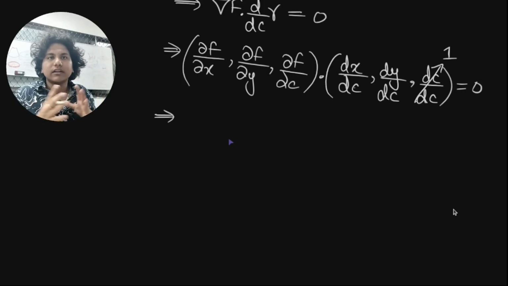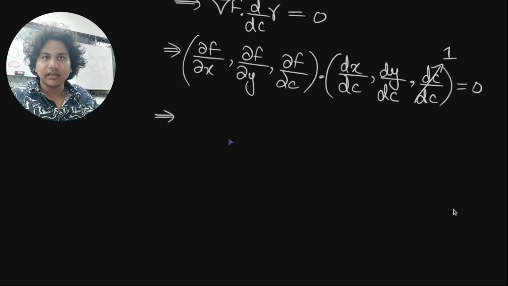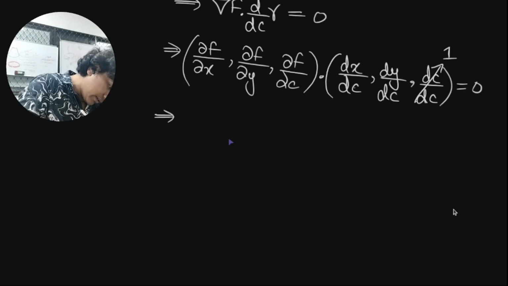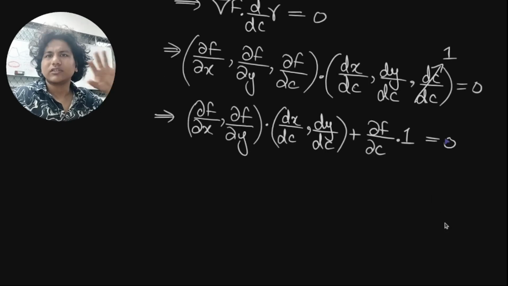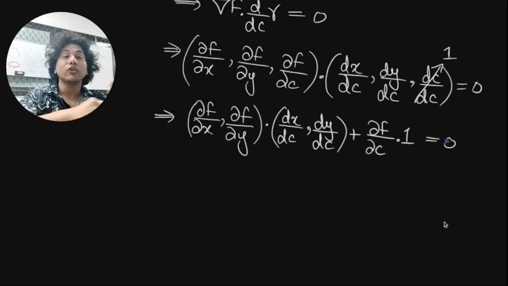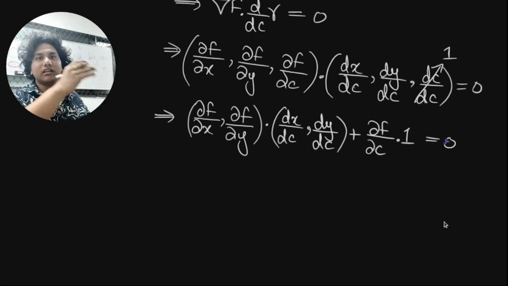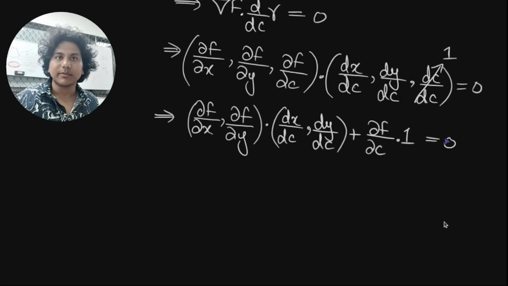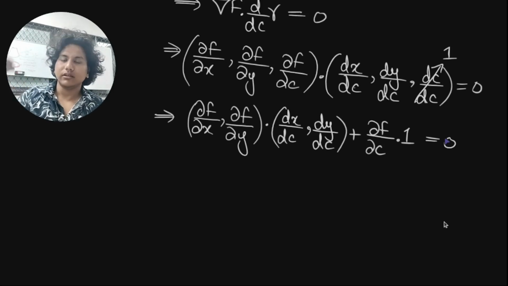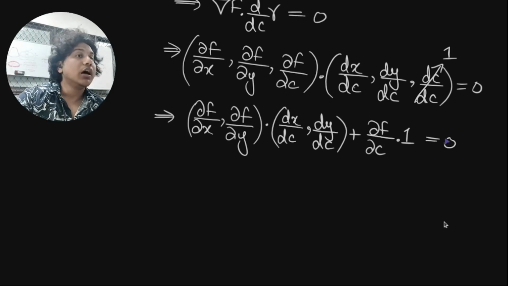And now what I'll do is I'll try to split this in two parts, taking x and y as one part and the ∂f/∂c as one part. And you can pause and verify that this is true. This is basically opening up the vector. We can also open up the first part, which will be ∂f/∂x times dx/dc plus ∂f/∂y times dy/dc plus ∂f/∂c equals 0.